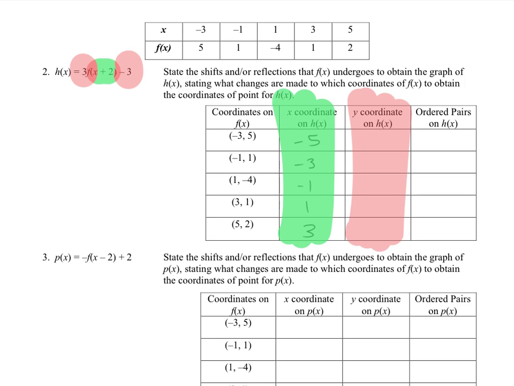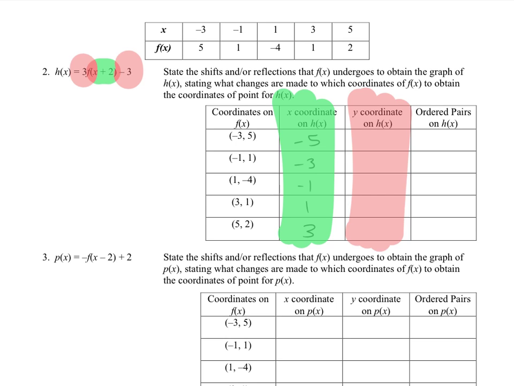So what are we doing to the y-coordinate? Stretching it vertically, yeah. Stretching it and then what? And then moving it down, right? Because of that minus 3 out there. So I'm going to multiply the y value by 3, and then I'm going to reduce it by a value of 3, or by a 3-unit amount.